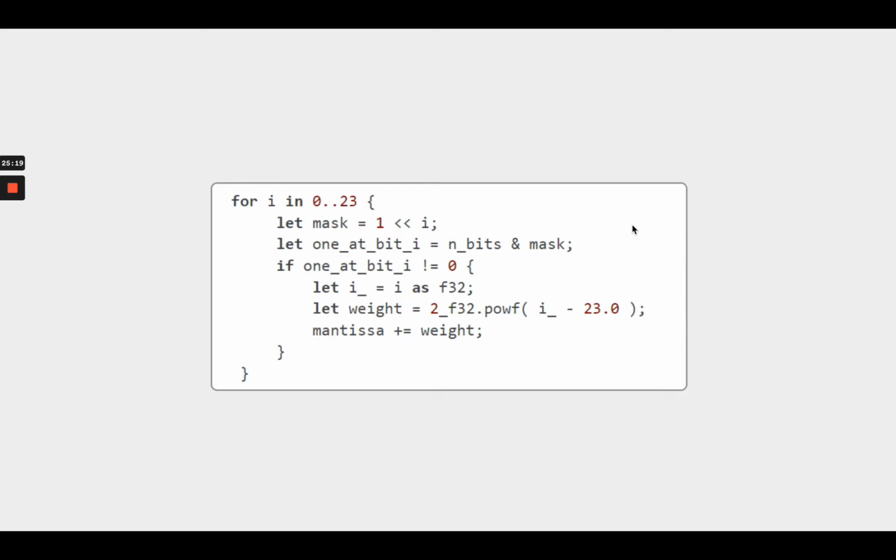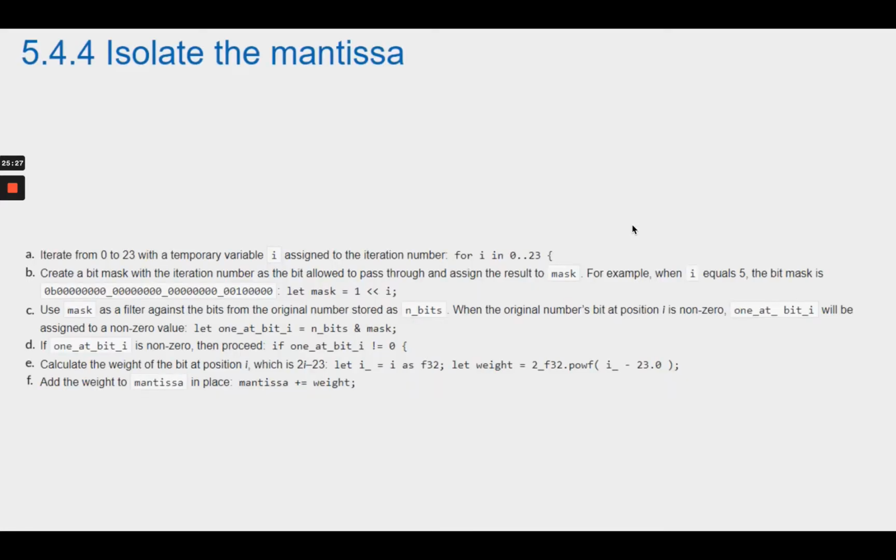4. Iterate through the fractional bits of the mantissa, adding those bits to find values to the mantissa variable. A. Iterate from 0 to 23 with the temporary variable i assigned to the iteration number. B. Create a bit mask with the iteration number as the bit allowed to pass through and assign the result to mask.